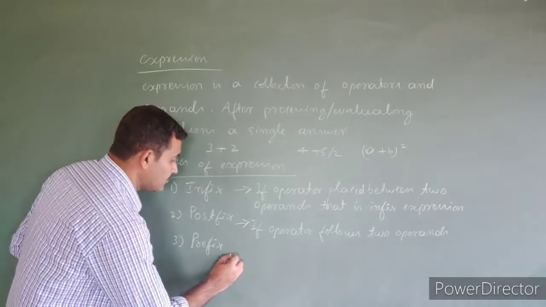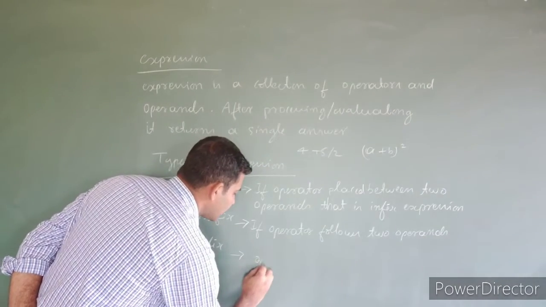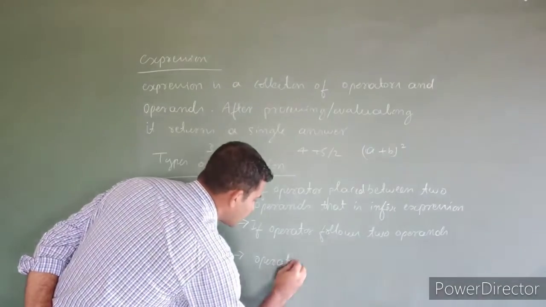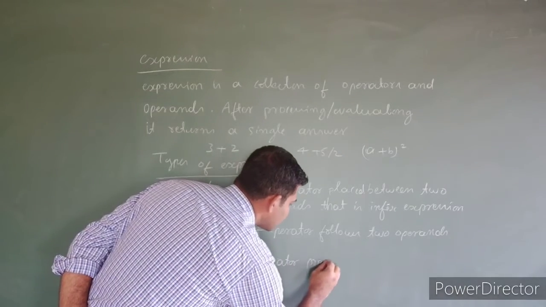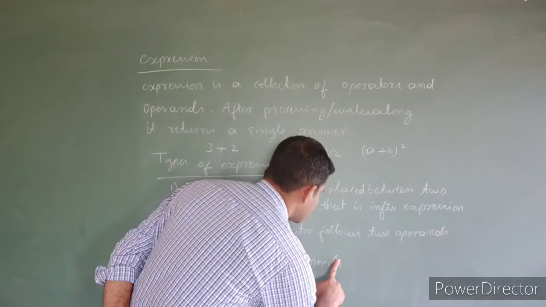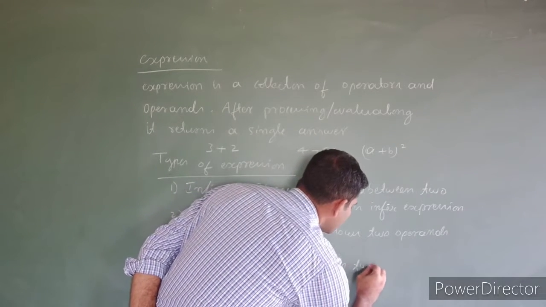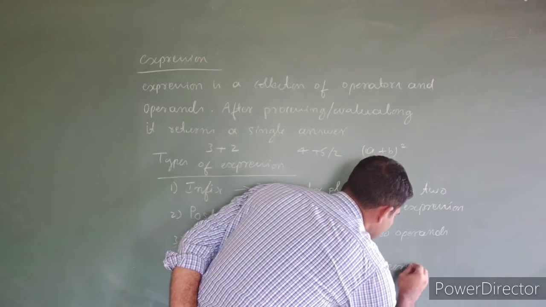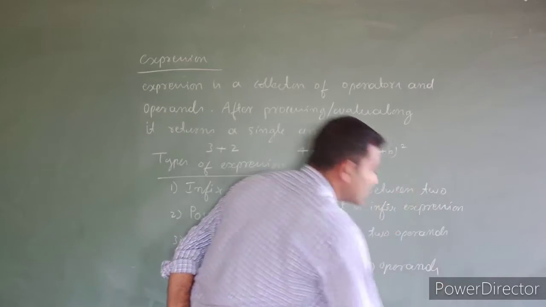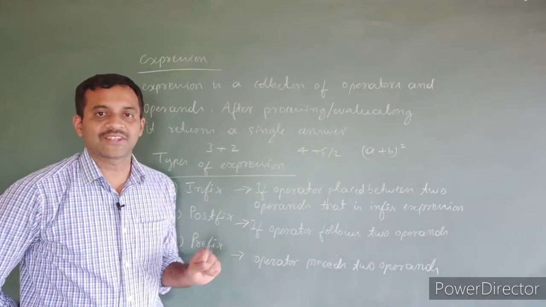Then the third one is prefix. If the operator precedes 2 operands, that is called prefix expression.